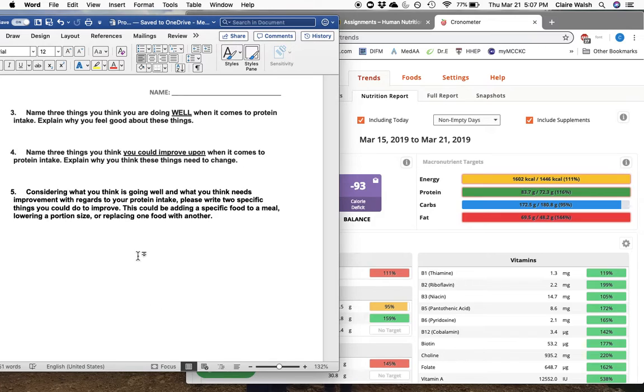I want you to think hard about how to implement it and not be so general, like, I'm going to eat fish more. You don't actually have to do these things. I can't follow you around and make sure that they happen, but I want you to think through something very specific about how it could potentially happen.